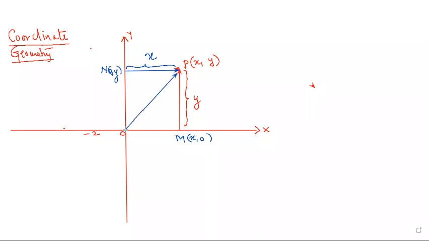From origin to this point, what will be the distance? Under root, x square plus y square. This length is x, this length is y. So, x square plus y square under root. Is it clear? Yes, sir.